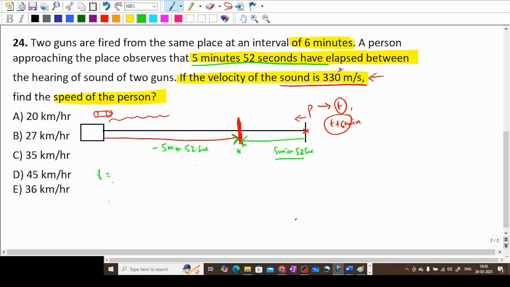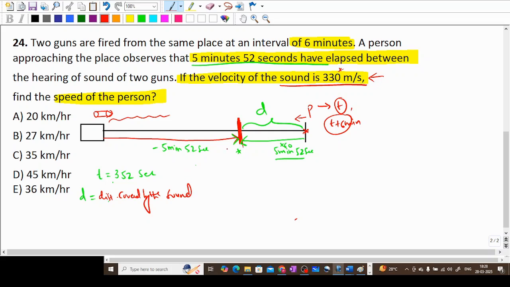So what is the time taken by the person actually? 5 minutes 52 seconds. 5 into 60, I am converting the entire thing into seconds. 352 seconds. Time taken by the person is 352 seconds. And what about this distance? Can I define this distance as the distance covered by the sound?